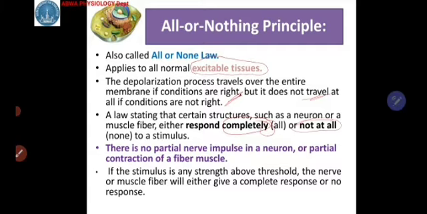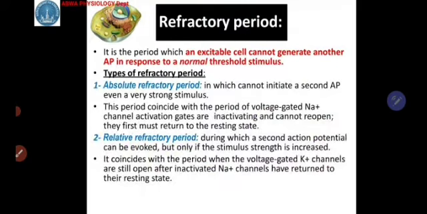If the stimulus is any strength above the threshold, the nerve or muscle fiber will either give a complete response or no response. If the stimulus can cause this upward deflection of the graph, it will cause movement or no, yes or no. There will be no in between state.